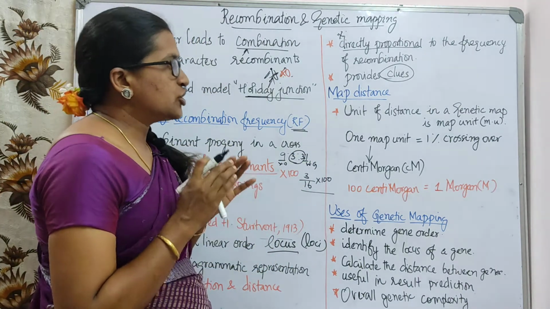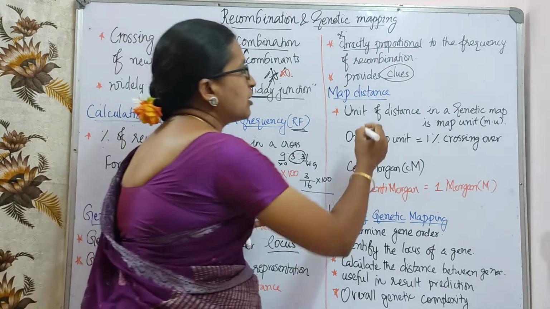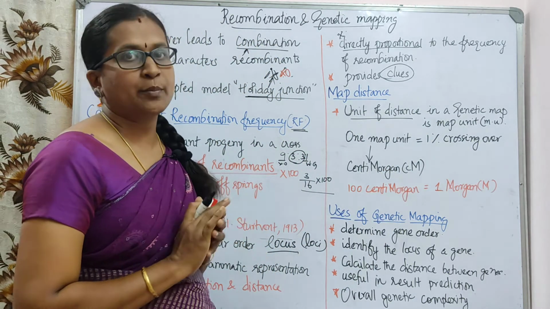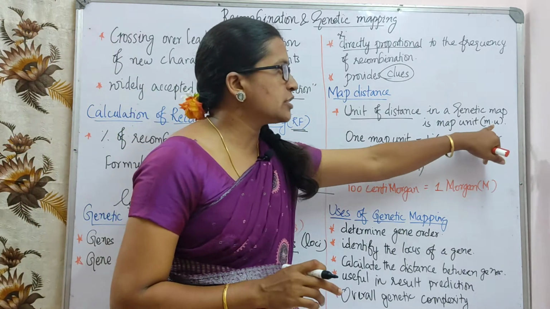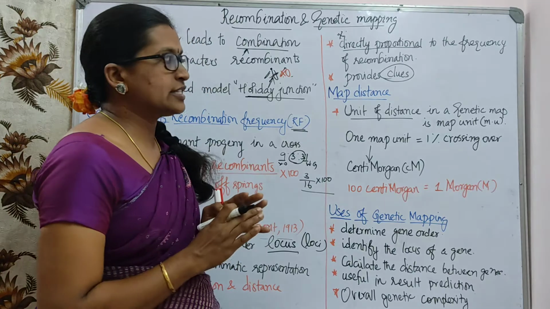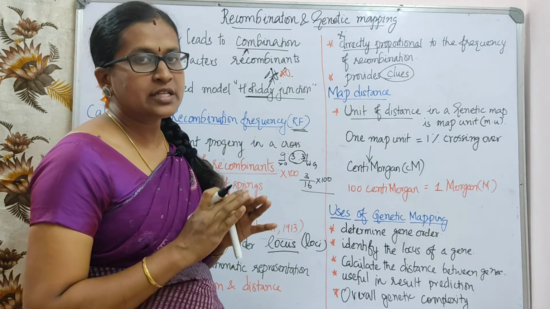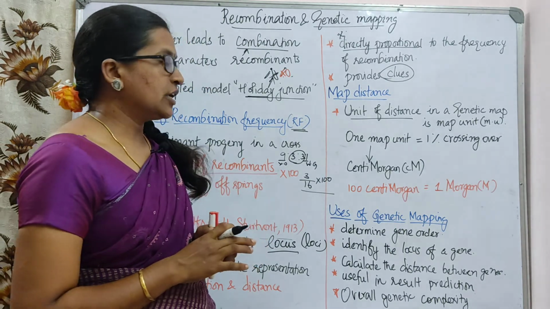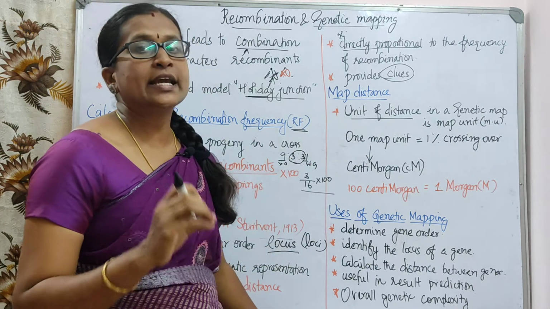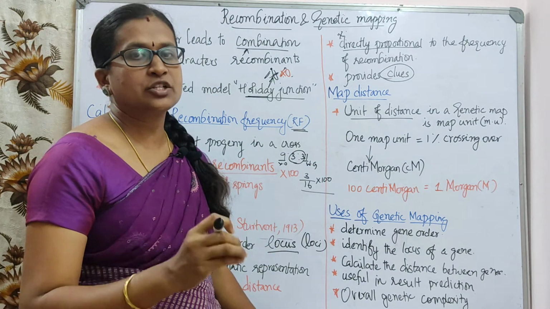So in a genetical map, a particular unit of distance is called a map unit. In short form, it is m.u. Okay, the unit of distance in a genetical map is the map unit. And regarding this, one map unit is equivalent to 1% crossing over.